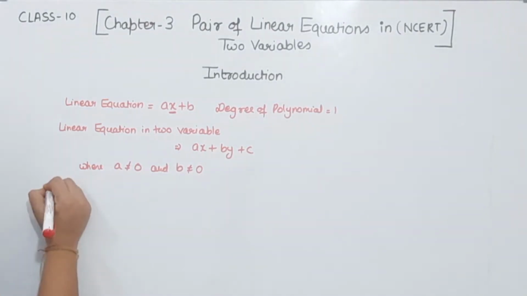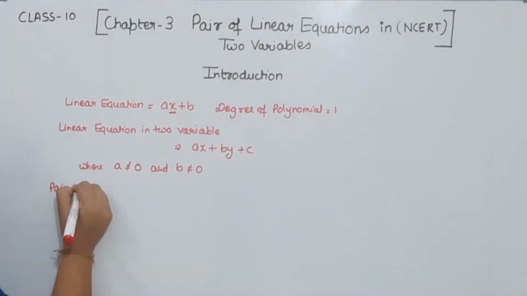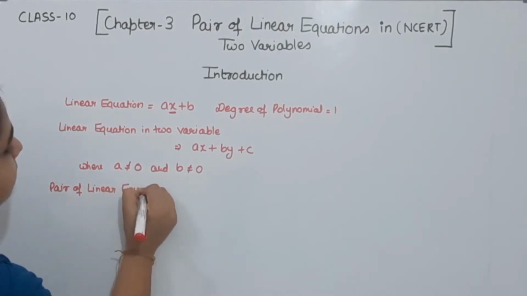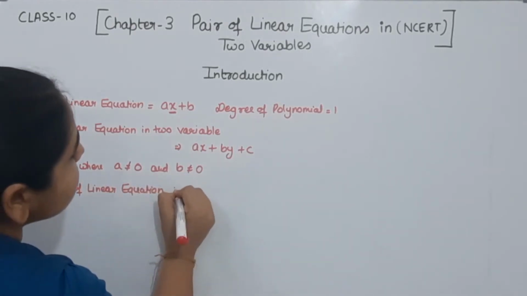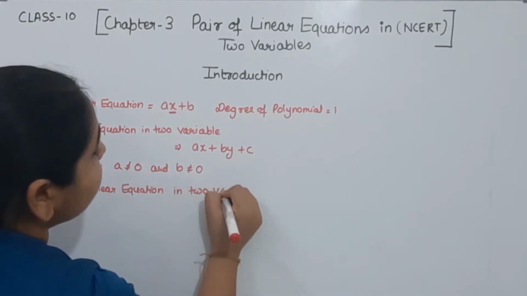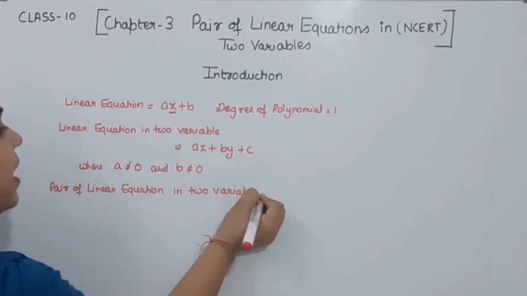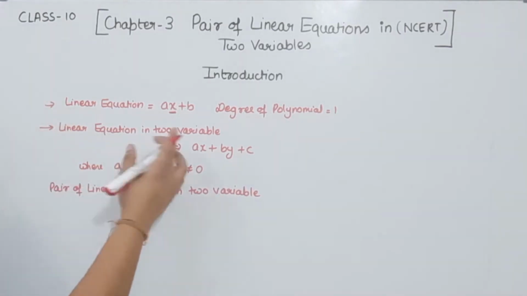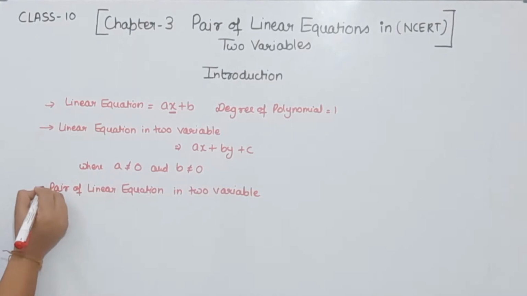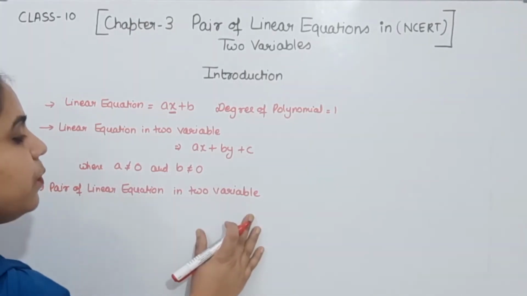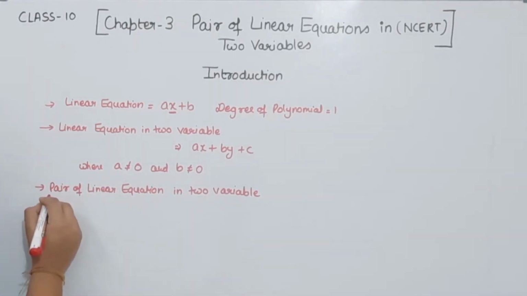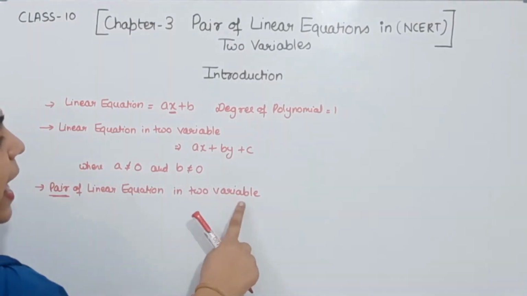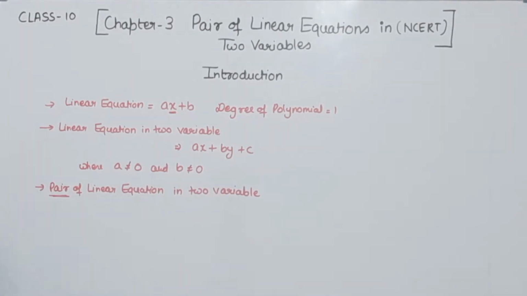Now next we have to understand the pair of linear equations in two variables. First we understood the linear equation, then the linear equation in two variables. Now we will understand the pair of linear equations in two variables. That means we have two equations that are linear, and they have two variables, x and y.